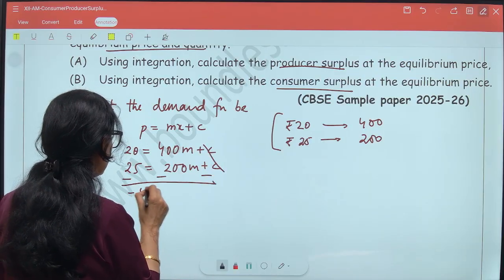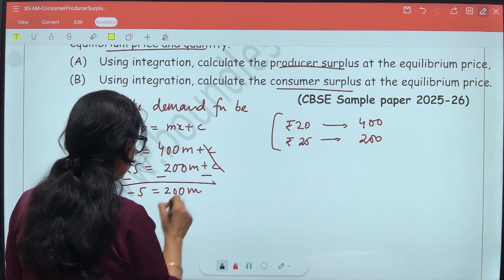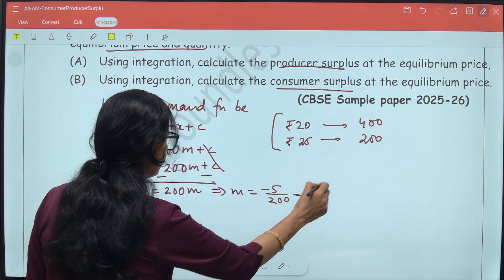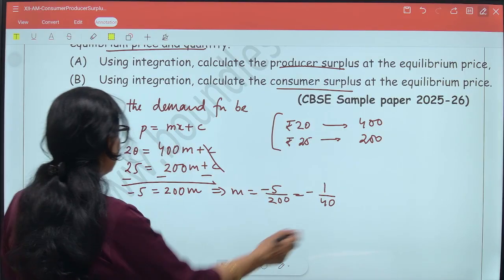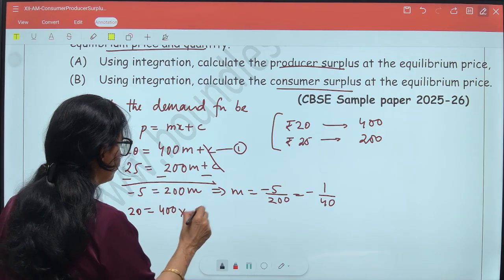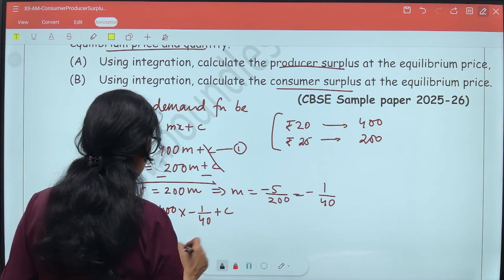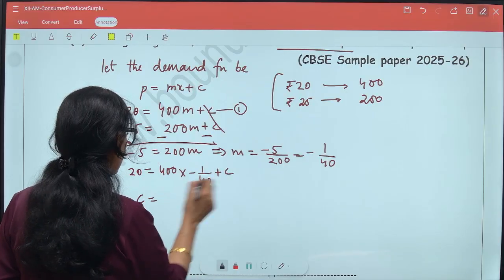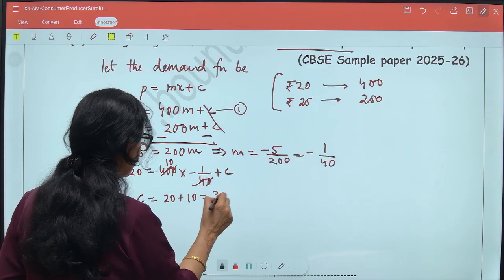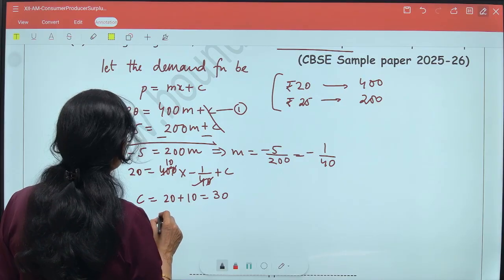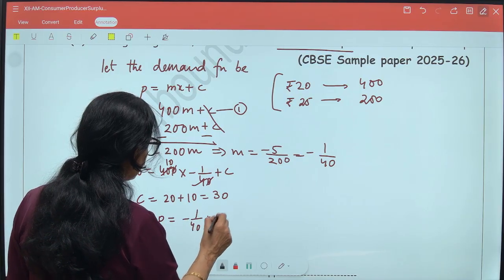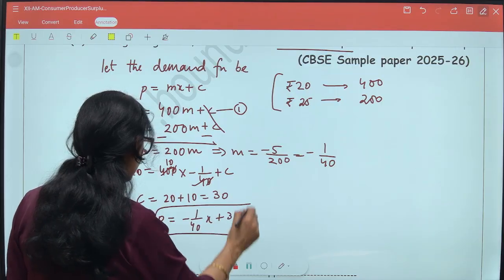So we get minus 5 equals 200 m, that means the value of m is minus 5 by 200, which comes out to be minus 1 by 40. Let's put this value in one of the equations. So we get 20 is equal to 400 into minus 1 by 40 plus c. So this gives me a value of c as 20 plus 10, so the value of c is 30. So my demand function is now P equals minus 1 by 40x plus 30. So this is the demand function.